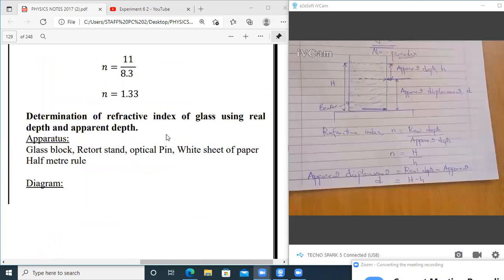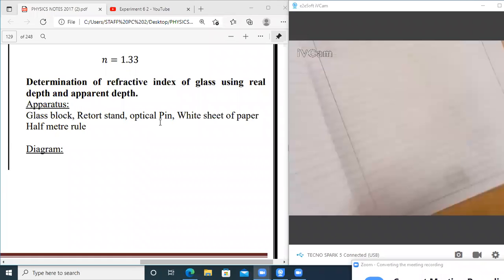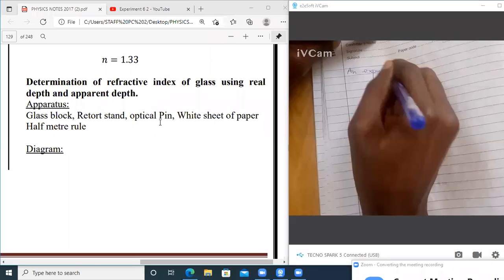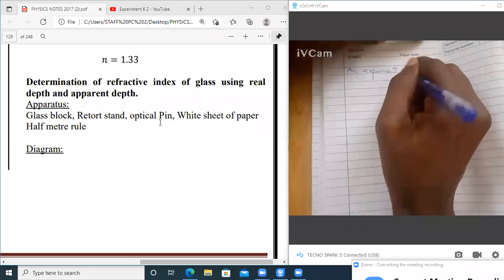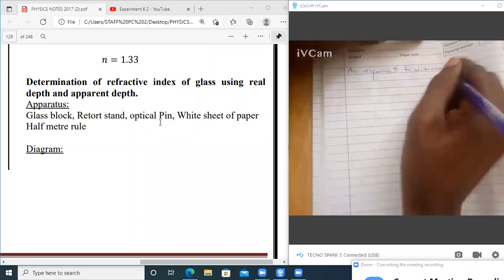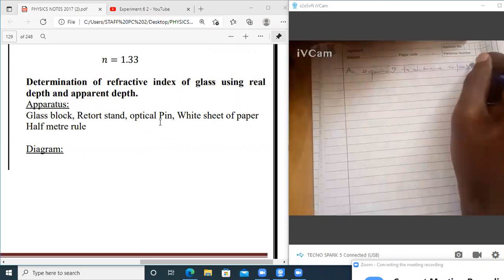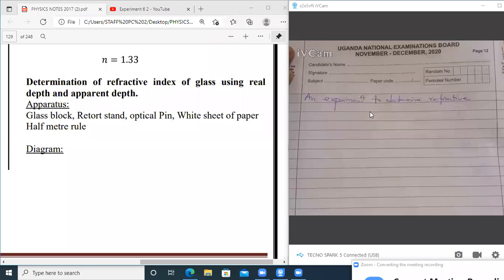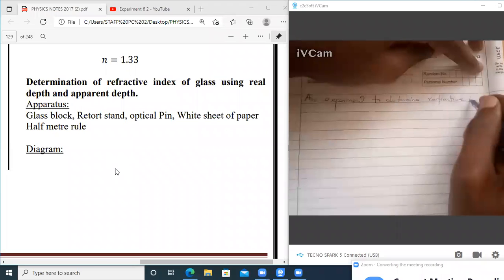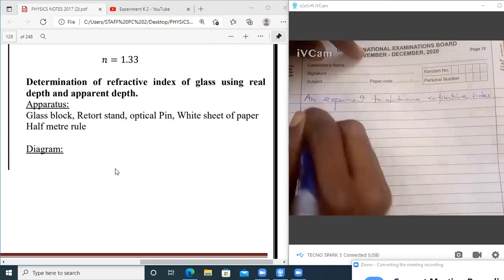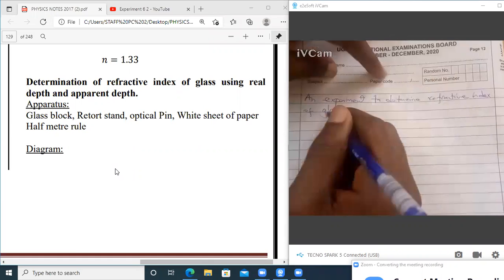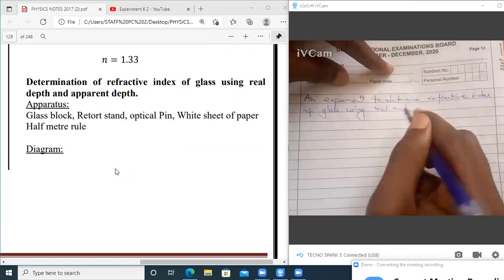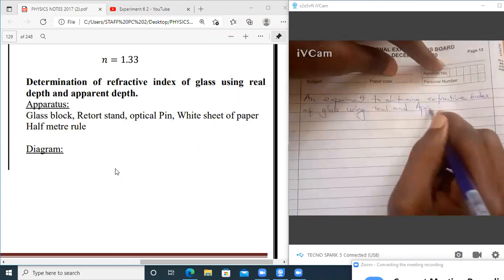Another subheading: an experiment to determine refractive index of glass using real and apparent depth.